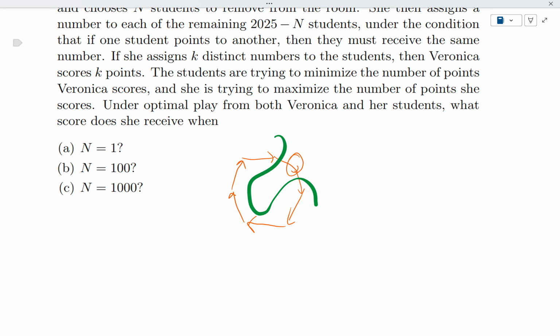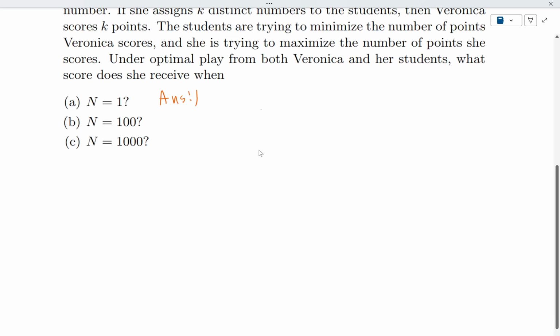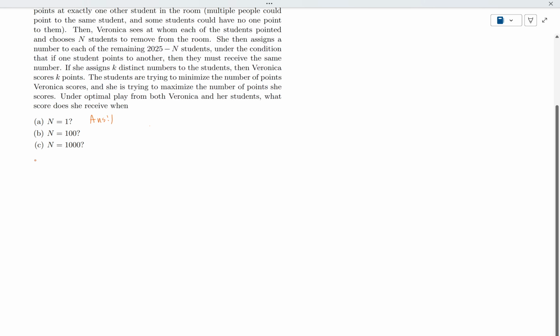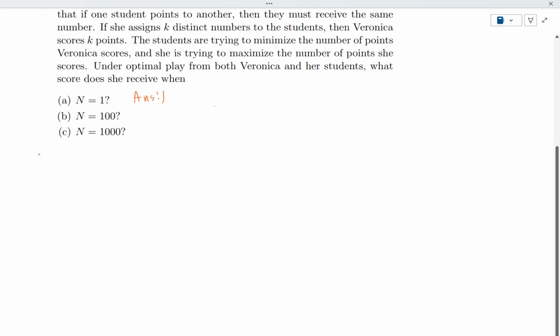Everyone else is still in a giant group, and that means Veronica can only get 1 point. The students can't make Veronica get 0 points. That's impossible because Veronica is guaranteed 1 point by default. So the answer is 1. I think this was pretty easy, 2 marks for anyone who wrote the contest and got this far.